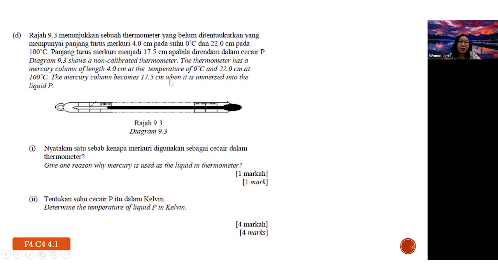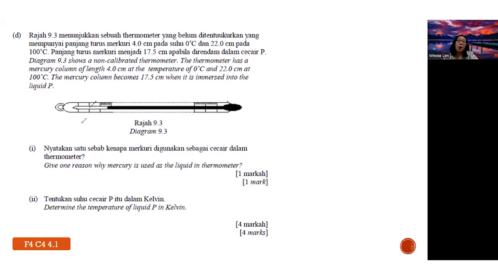You always have the calculation questions one. Okay, so diagram 9.3 shows a non-calibrated thermometer, and the thermometer had mercury column of length 4 cm at the temperature of 0 and 22 cm at 100 degree Celsius, and the mercury column becomes 17.5 cm when it is immersed into the liquid P. So first, one reason why mercury is used as a liquid in the thermometer, of course, there is quite a number of characteristics of mercury.